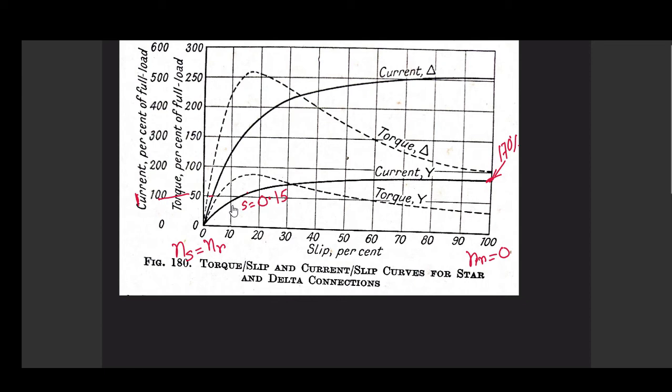So this also reveals an interesting fact that in short we can say that star connection gives comparatively low starting current, and delta gives higher operating torque.